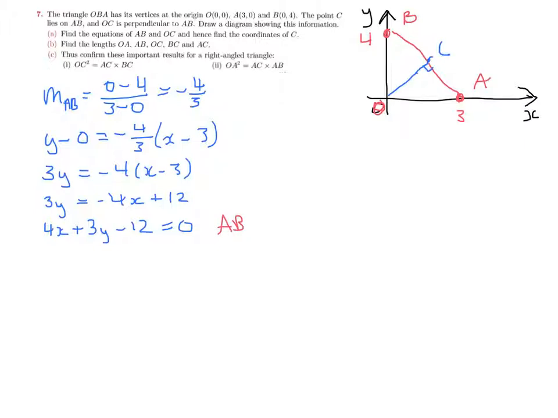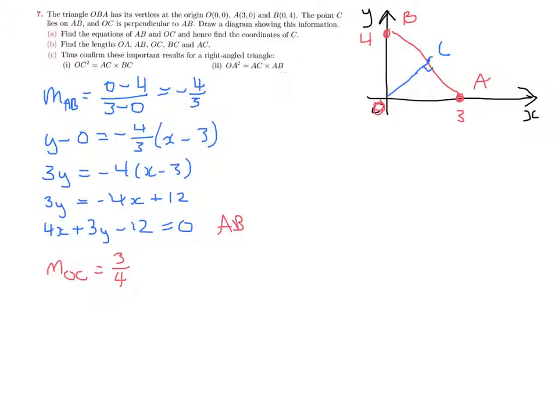Find the equation of OC. Well, we know that OC is perpendicular to AB, so therefore the gradient of OC is going to be the negative reciprocal, so it's going to be 3/4. We know a point. In fact, this is going to be slightly easier, because it passes through the origin.